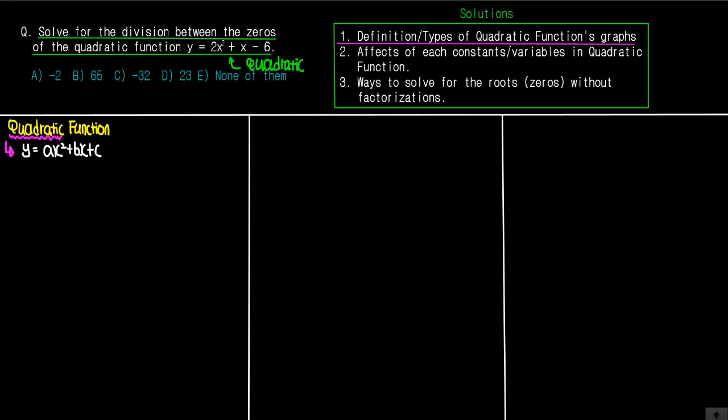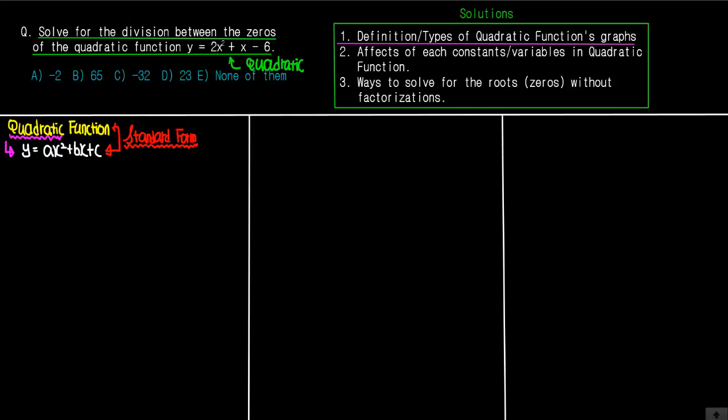This is the most basic format of our quadratic function system, which we call the standard form of the quadratic function. This is the main thing that we're going to use when it comes to solving these kinds of quadratic function problems.